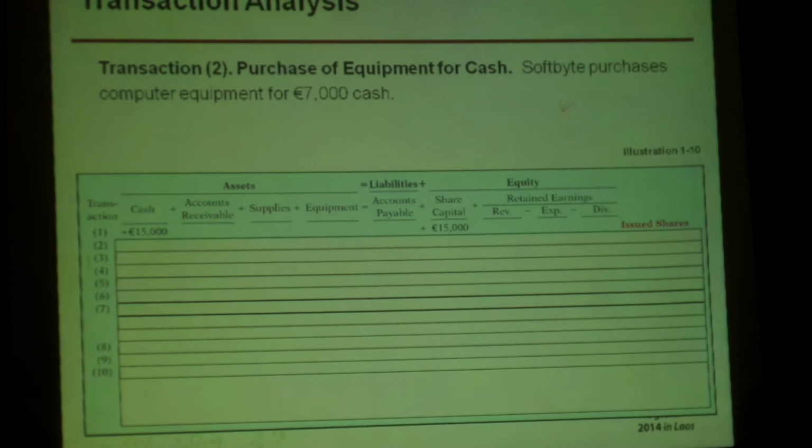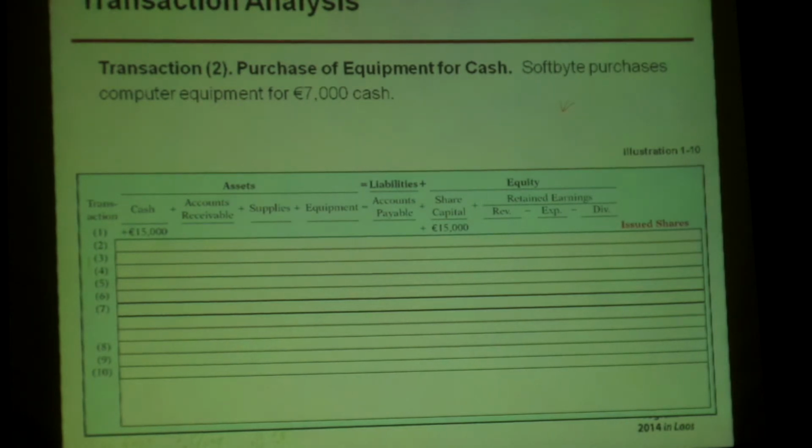So one asset, cash, decrease, and there is another asset, equipment, increase. Okay? Ladies, you understand? Ladies who talk to each other, you better pay attention to here, to me. So what's the transaction here now?